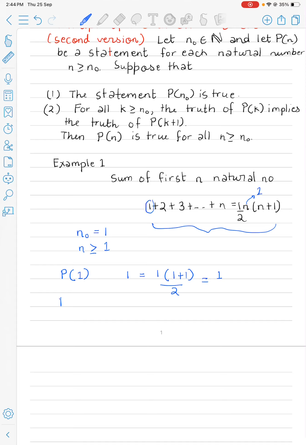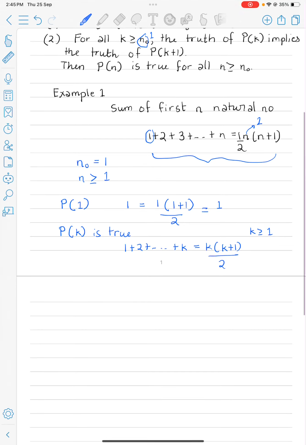Now we assume that Pk is true for k greater than or equal to 1, because n0 is 1. So Pk is true means 1 plus 2 plus 3 plus up to k is equal to k into k plus 1 by 2. And we want to prove that Pk plus 1 is true.